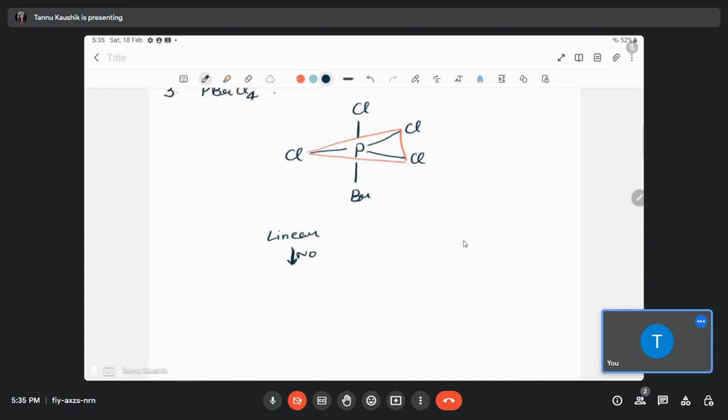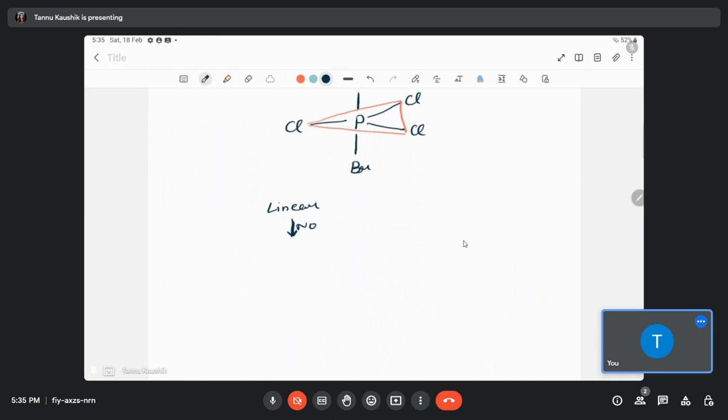Do we have a C3 axis of rotation? Yeah, we have one C3 axis of rotation, but not more than it.